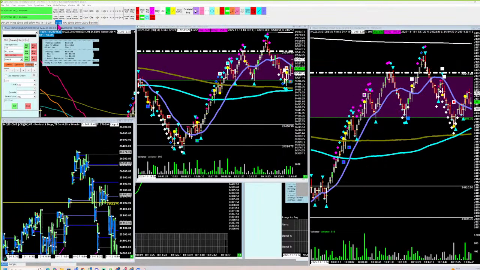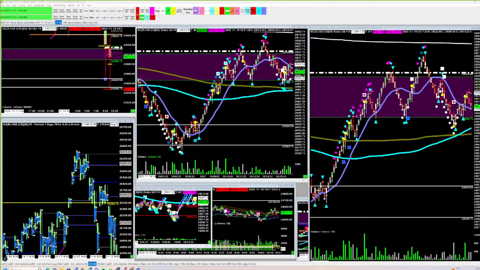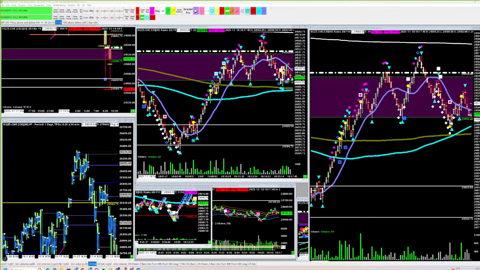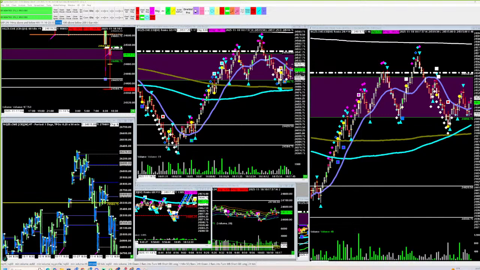Am I incorrect on that? Star up on the 24 tick. That usually gets some kind of follow through.